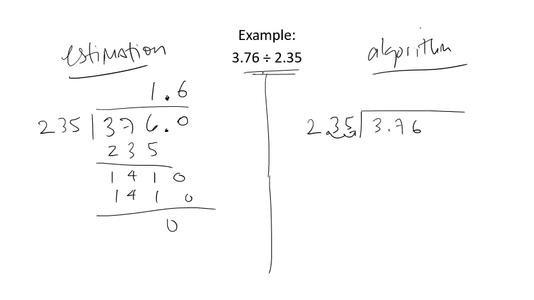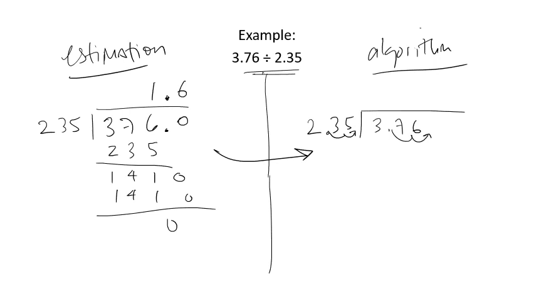And so if this moves 2 places, then this moves 2 places. And effectively, I get the same problem before. I get 235 divided into 376. So we're going to move these two places, and then all this work over here just transfers over there. I'm not going to do all the same work all over again. But this is the algorithm.